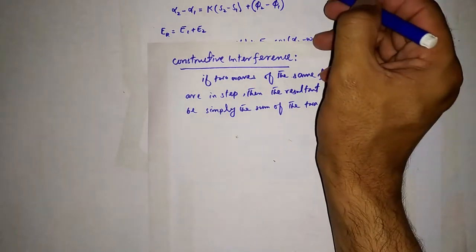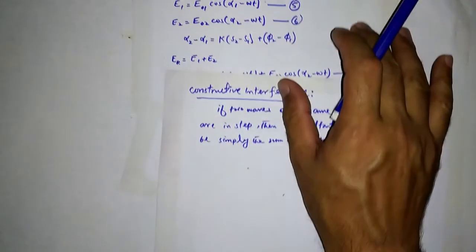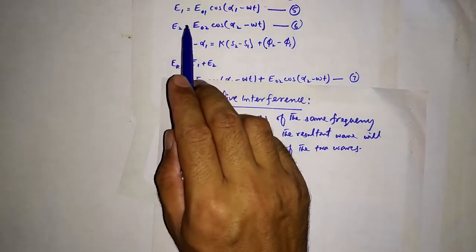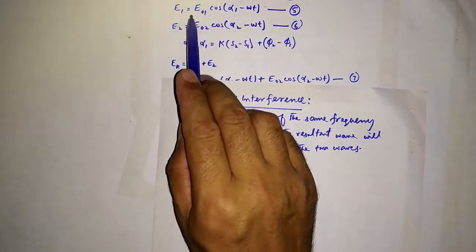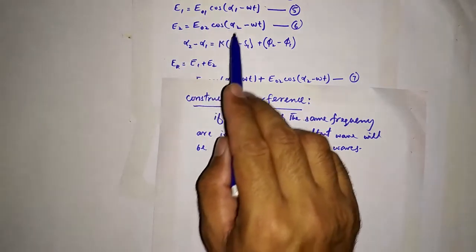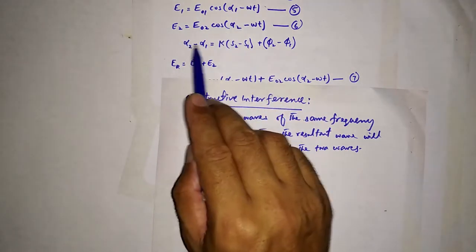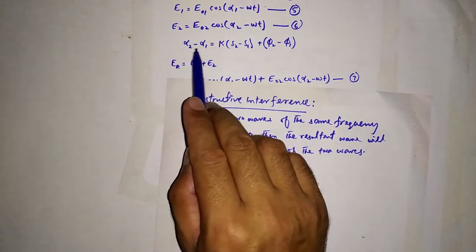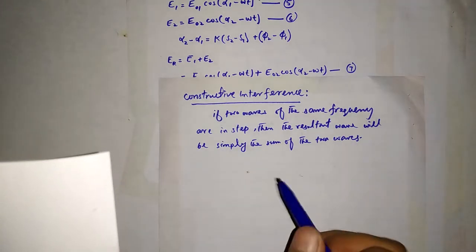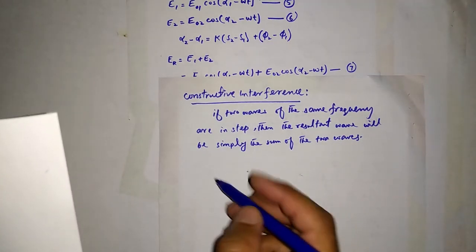So here, two waves which are given by equation number 5 and 6 will only interfere constructively if their phase difference, this value alpha 2 minus alpha 1, is an integral multiple of 2 pi.